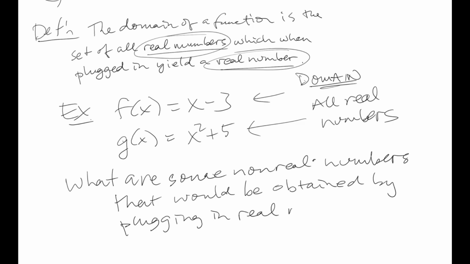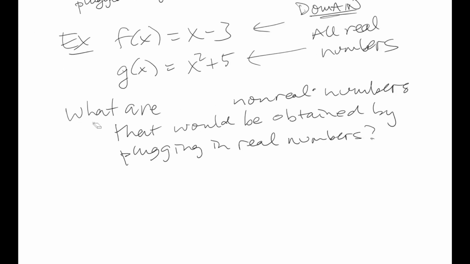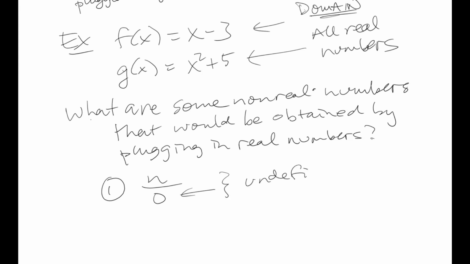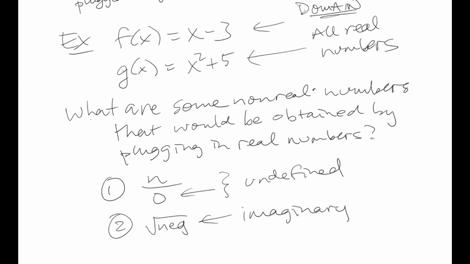Well, two examples. The first example would be some number over 0, so anything over 0. This is undefined. And the second example would be the square root of a negative number. This is an imaginary number. This is not a real number, and neither is an undefined number. These are both non-real.